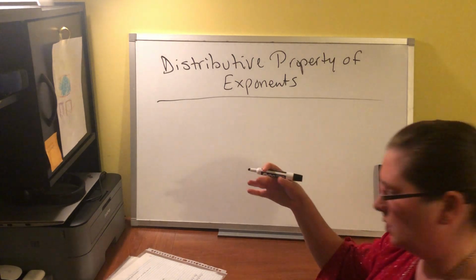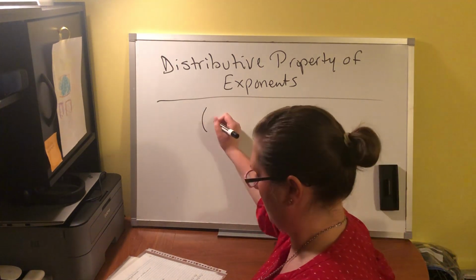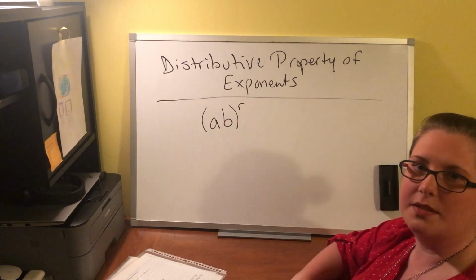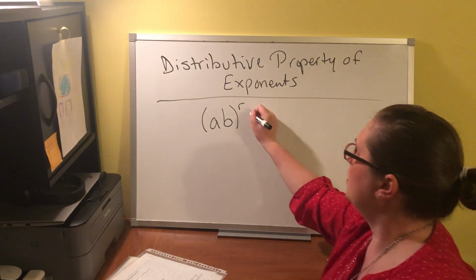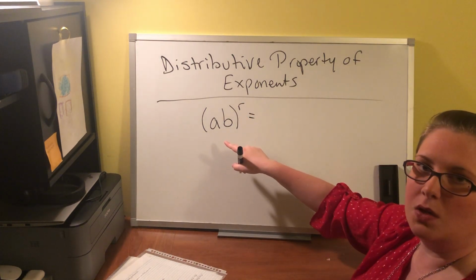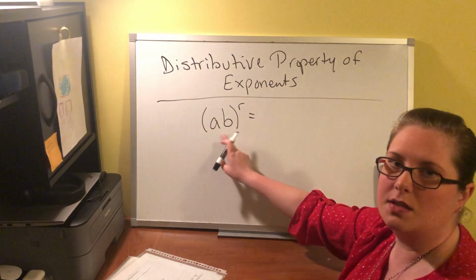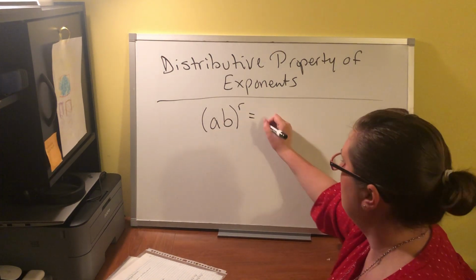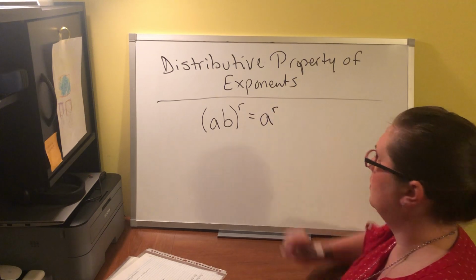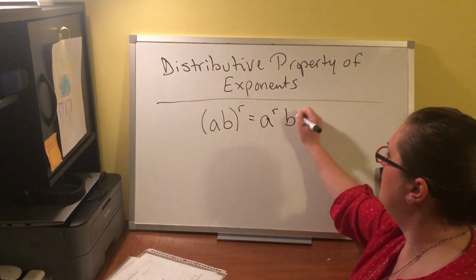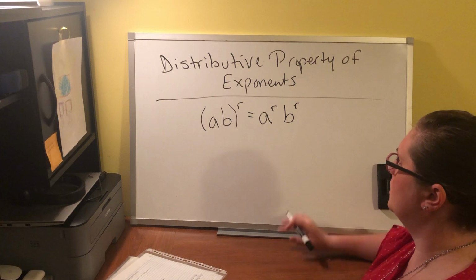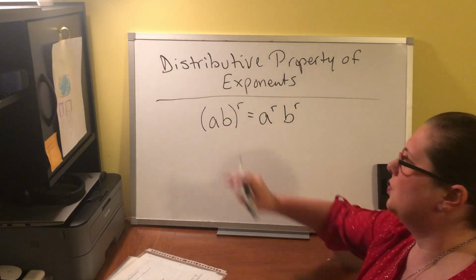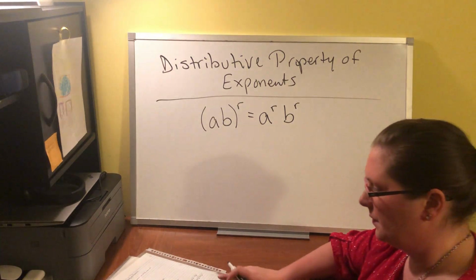So in general, this is going to look like, in parentheses, a times b, and that's raised to the r power. So we're going to have to distribute this power, okay? So we're going to multiply everything in the set of parentheses, well, not multiply, but raise it to the r power, okay? So you're going to do a raised to the r, b raised to the r. So that's what it means with distributive property, right? You're just distributing that r, that exponent, to whatever's inside that set of parentheses, okay?